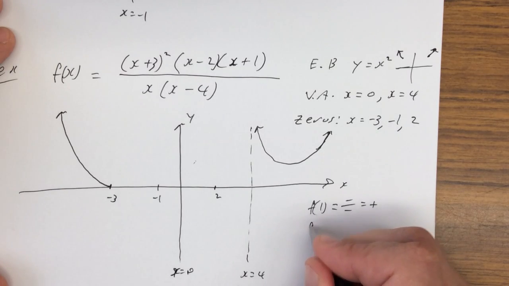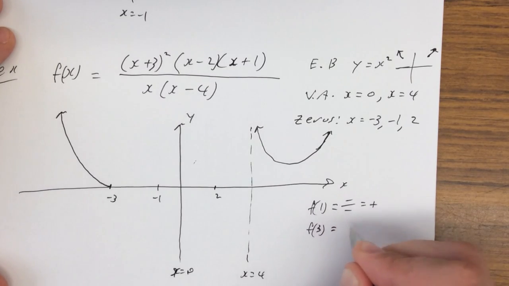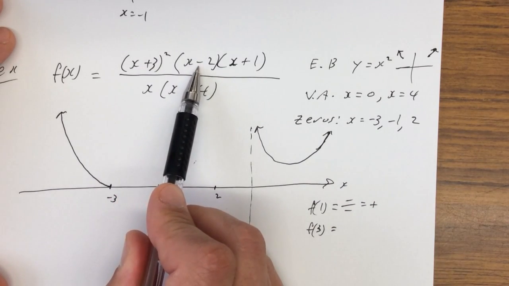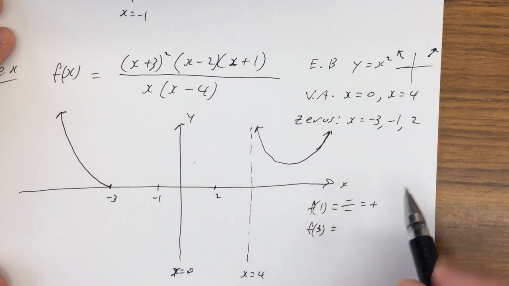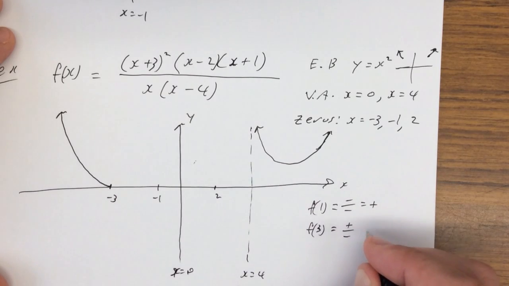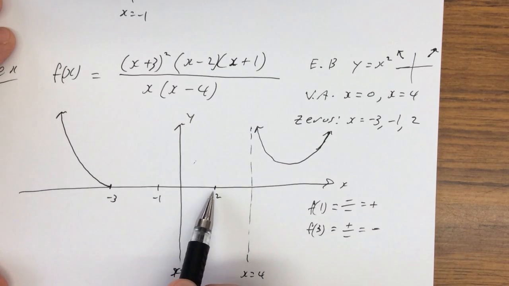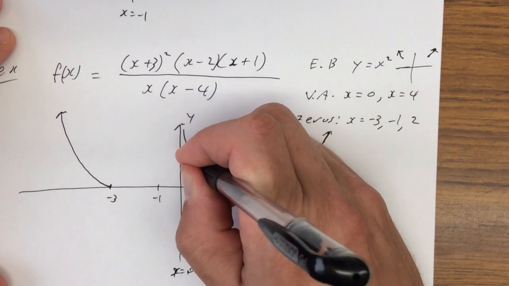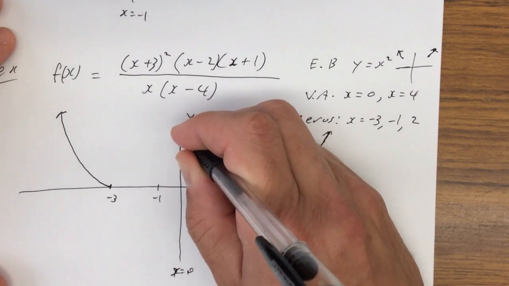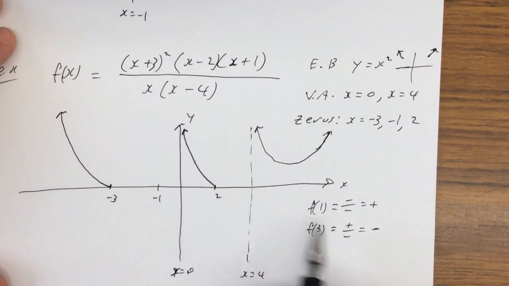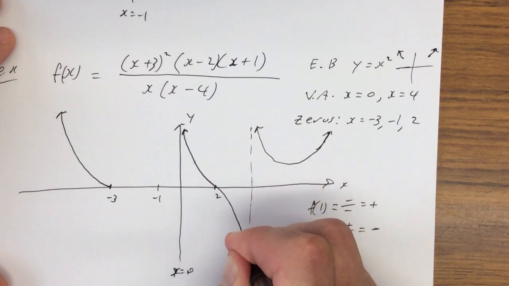F of 3, okay, that equals, well, that's positive, positive, positive. Okay, so positive 3, that's going to be a negative, so the bottom will be negative, which equals a negative. So around 2, on this side, it's up here, so it's going to come down like this, head towards that asymptote, but then it's going to be negative between 2 and 4 because of this. So it's going to come down like this.